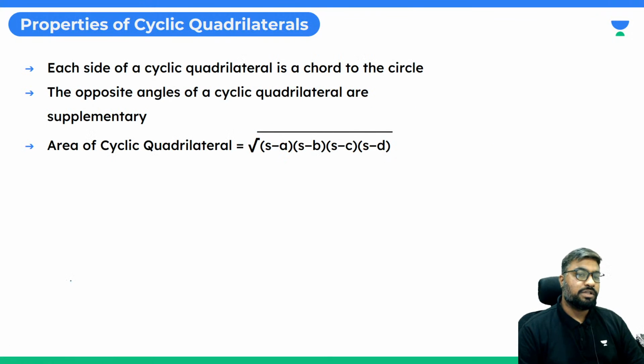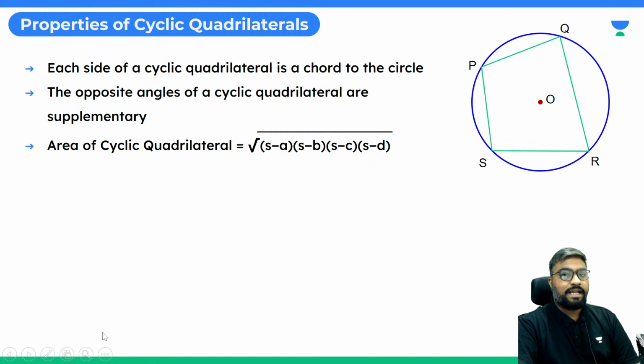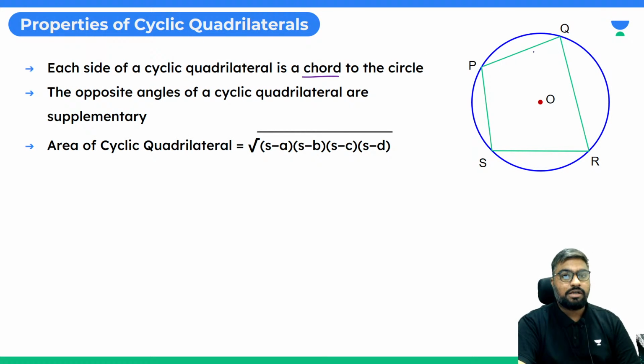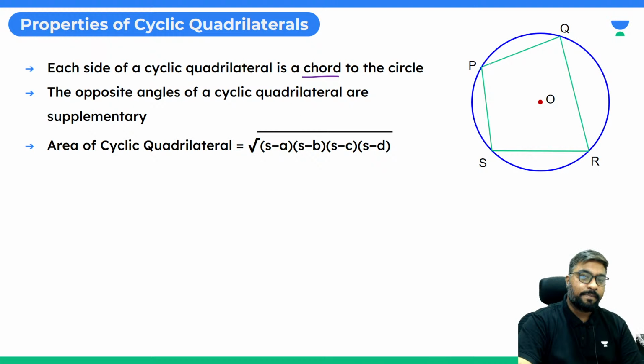Chalo, let's talk about some properties here. So each side of a cyclic quadrilateral is a chord, correct? Because each side is going to be 2 points on the circle being joined. So PQ is a chord, QR is a chord, RS is a chord, PS is a chord. Okay. Opposite angles of a cyclic quadrilateral are always supplementary.